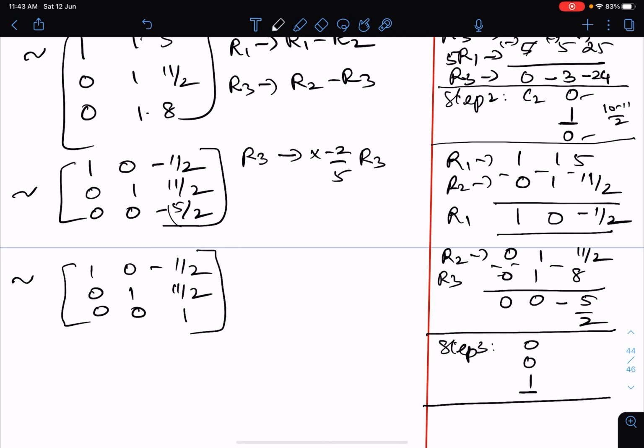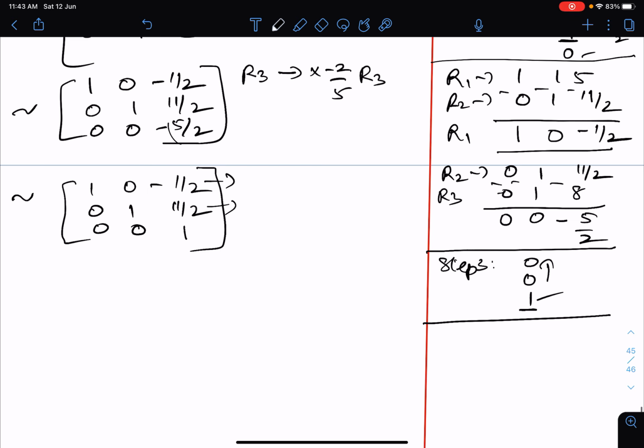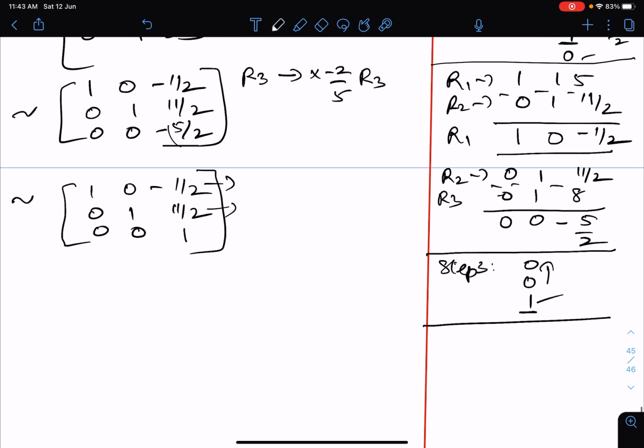Okay. Then after finishing this, now you are going to convert these two into zeros. This element minus 1 by 2 and plus 11 by 2 you are going to convert into 0. For that what you are going to do? This is 1 by 2, isn't it? 1 by 2 and 11 by 2. So first we will convert our R1.